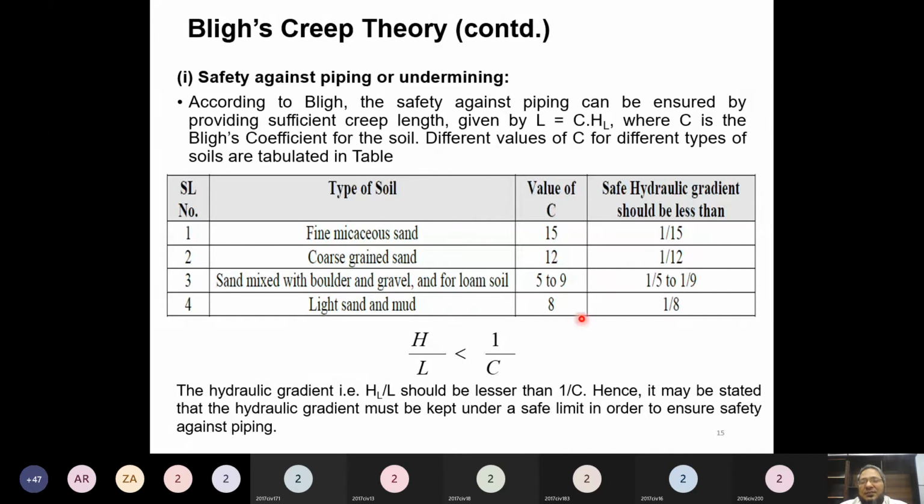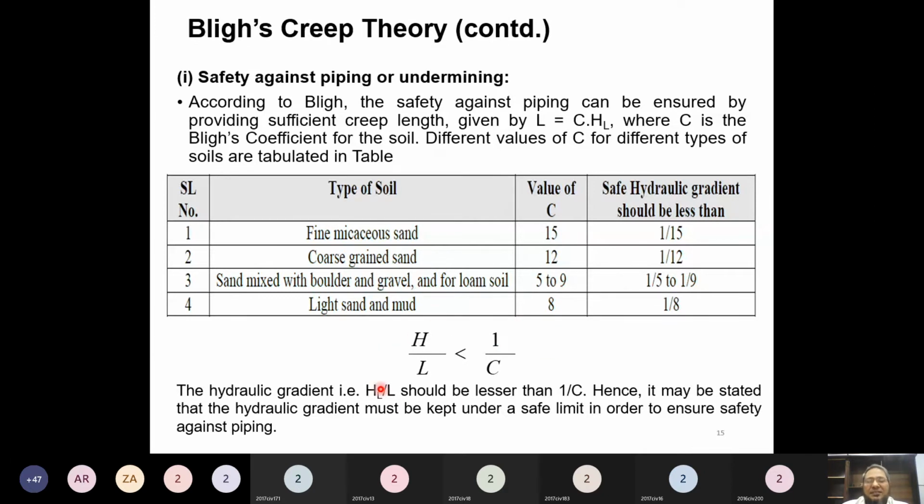Which C is maximum? 15 is the maximum, for fine micaceous sand, the one with mica. The lowest is for light sand and mud. But even for sand mixed with boulder and gravel, the value can be lower, even 5.